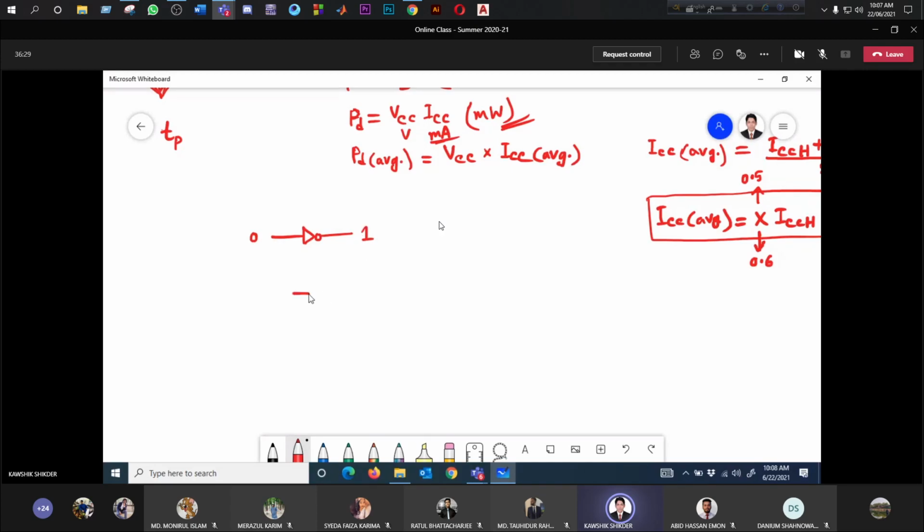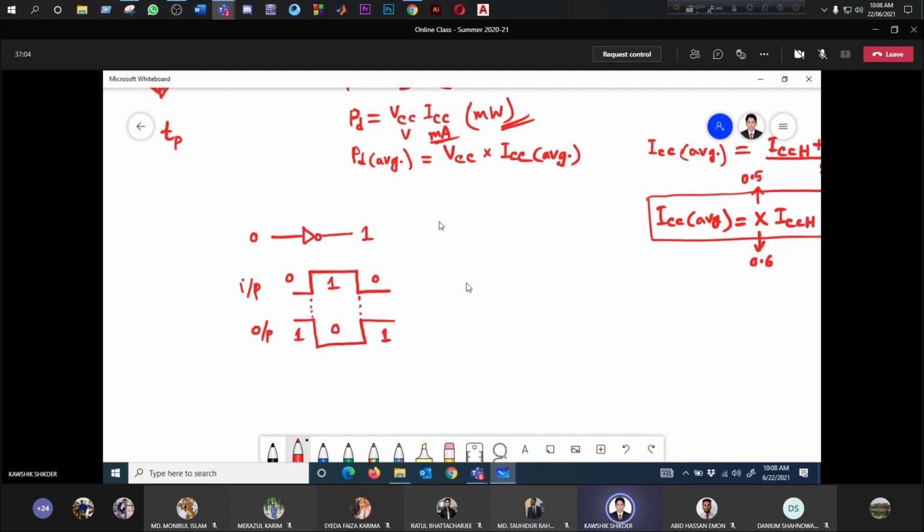So the ideal scenario is, let's say the input is 0, so the output is 1. Then it changes the value to 1, so the output becomes 0. Again 0 and 1. So this is the ideal input output curve. This is the input curve and this is the output curve. Is it okay? The instant change.